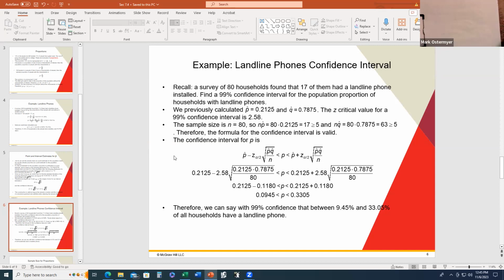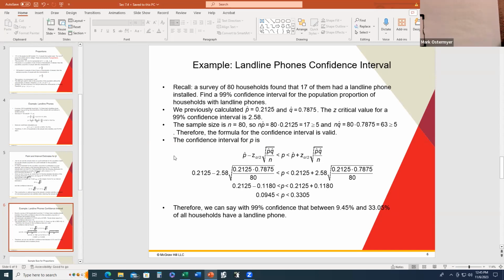And we discussed in detail how to find these critical z values or t values last week using our inverse z or inverse t function on our calculator. Or to find critical t values, some of you may have used the t table in your appendix, for lack of having inverse t on your calculator.